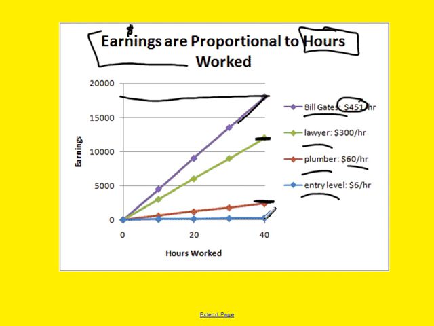An entry-level person working at $6 an hour minimum wage with no training or degree or anything like that. Look at that line. See how that's a flat, straight line right there? It only goes up an itty-bitty bit. They're making maybe $100 in a 40-hour work week. Okay, maybe $150 once you take taxes out.